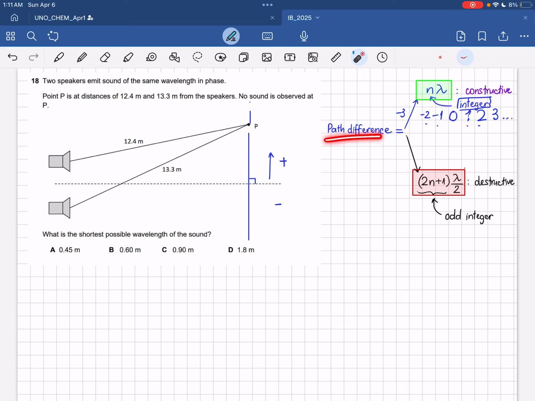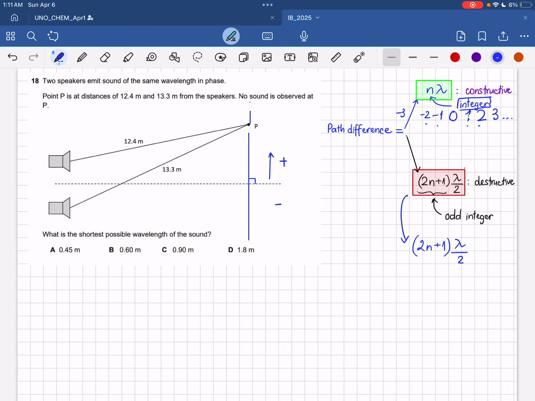And if the path difference equals an odd integer times half of the wavelength, then we get destructive interference, which should be dark. Another way to write this is (2n plus 1) times lambda over 2.